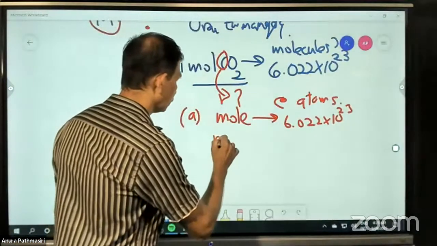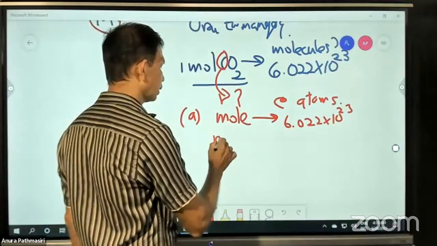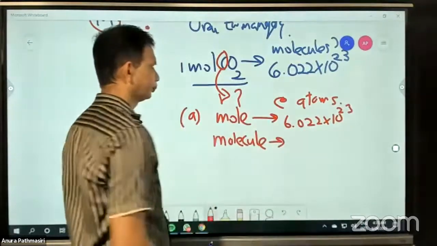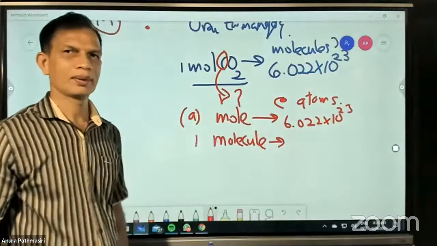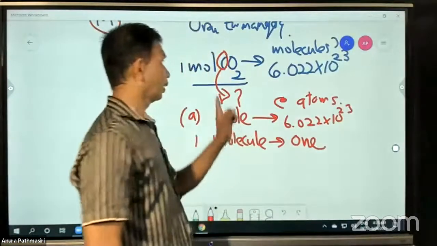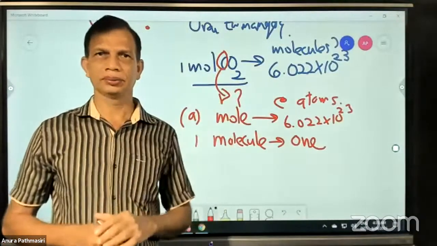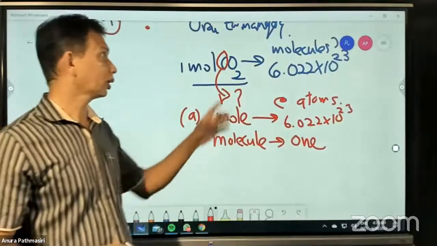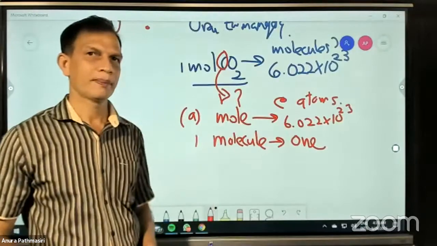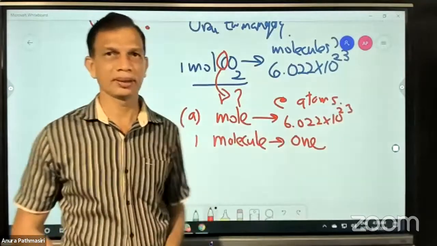How many carbon atoms are there in one molecule? One. Again, if you consider carbon dioxide, how many carbon atoms are there in 1 mole of carbon dioxide? 6.022 times 10 to the 23.